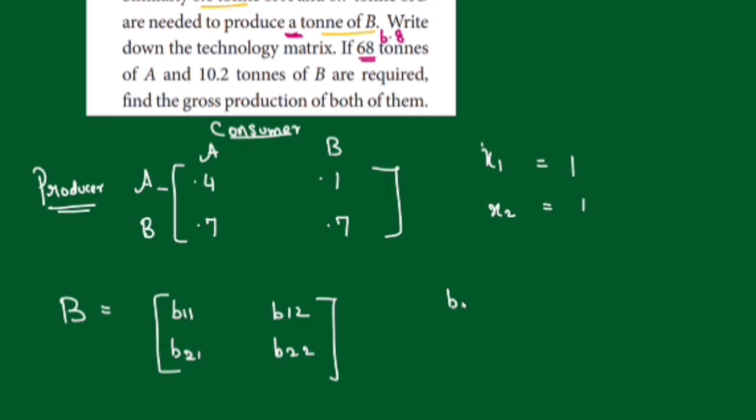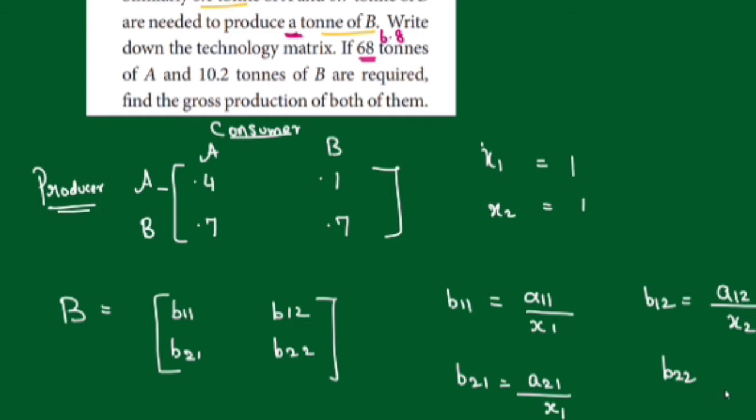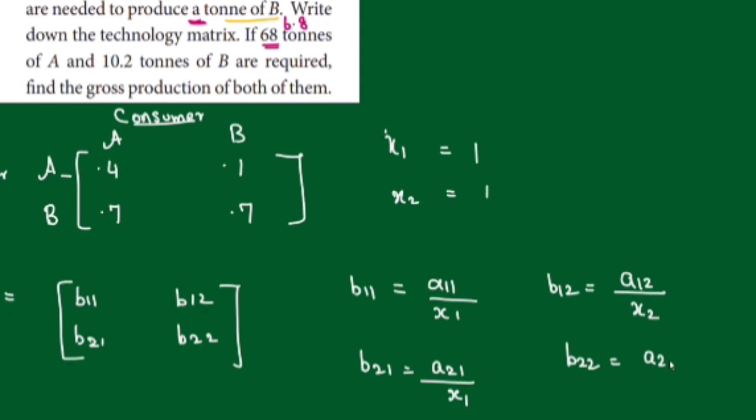So how do you find B11? A11 divided by X1. This ending number, just see that should come down. B12 is A12 by X2. B21 is A21 by X1. B22 is A22 by X2.